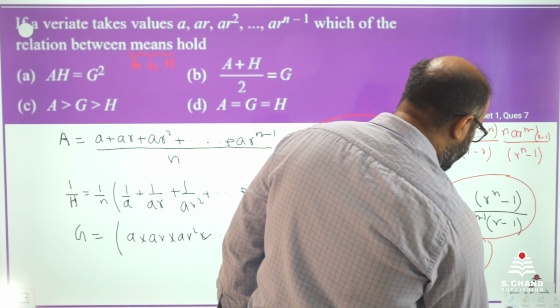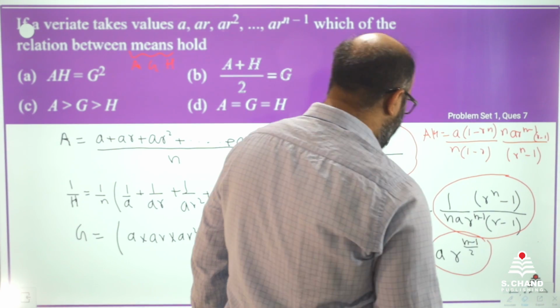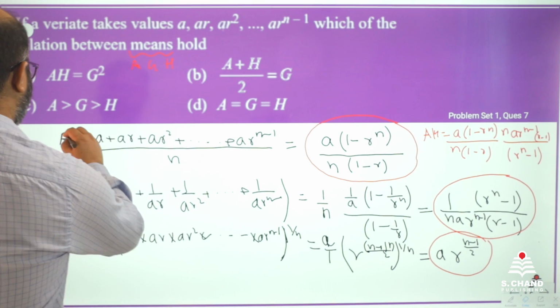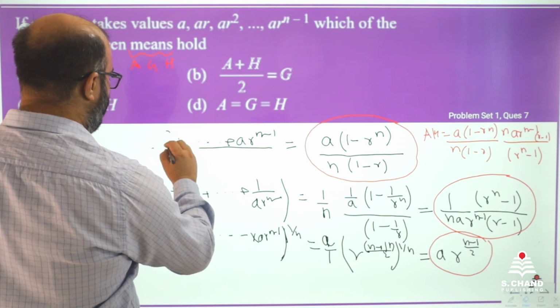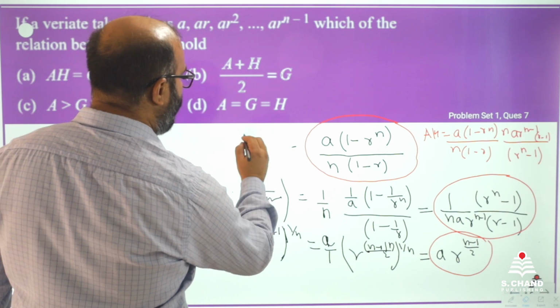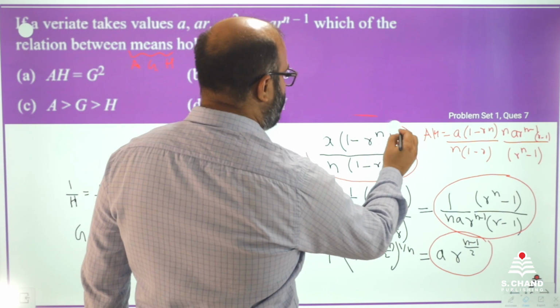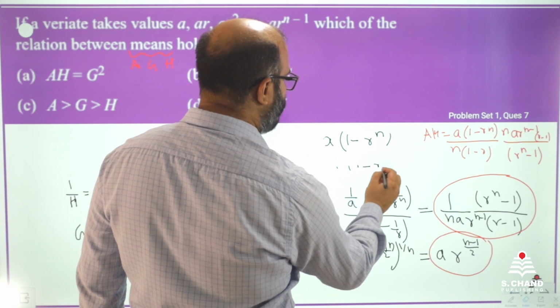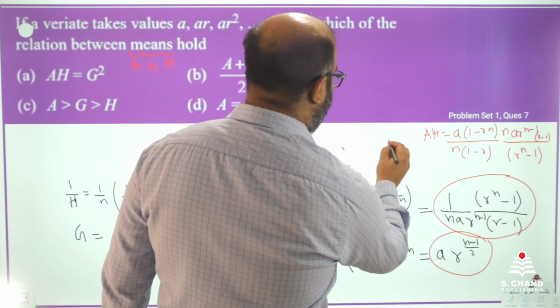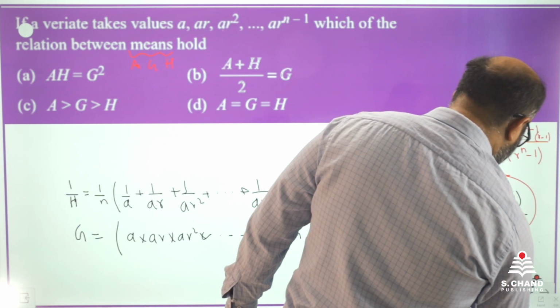I am erasing some portions so we can write the further statements. So if you calculate it, what will you get? A into H, what you are going to get? As you can see, A into A will be A square, N and N will get cancelled.